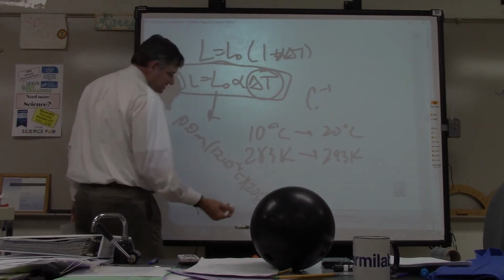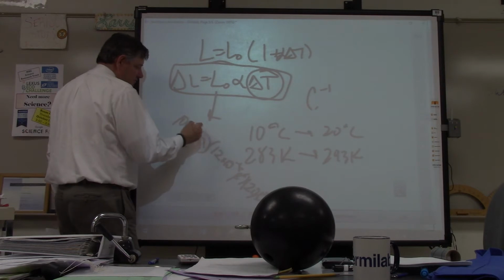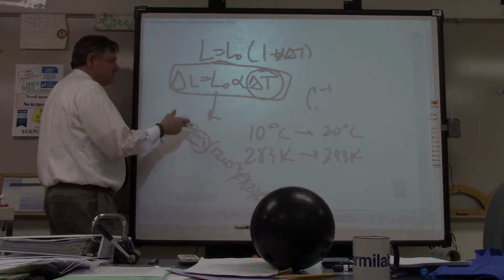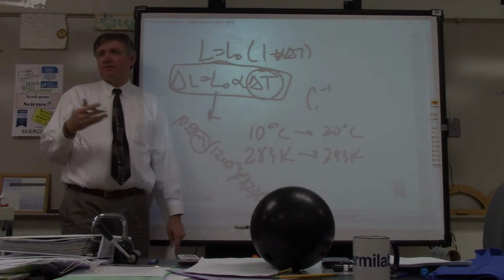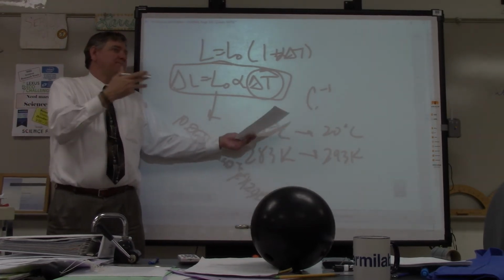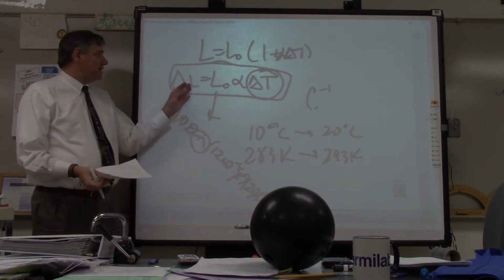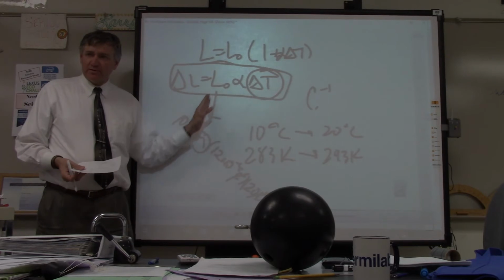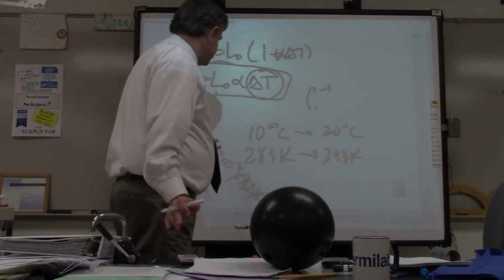Here's why this is so cool: your Celsius cancels out and you're left with whatever units your L naught is in. If your L naught is in meters, your change in length is in meters. If your L naught is in miles, your delta L is going to be in miles. So we got that one.